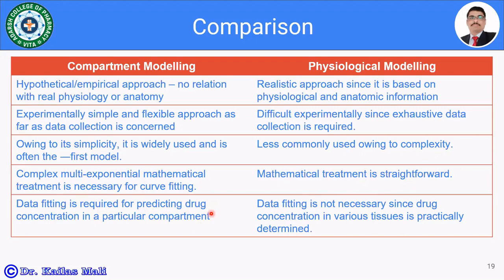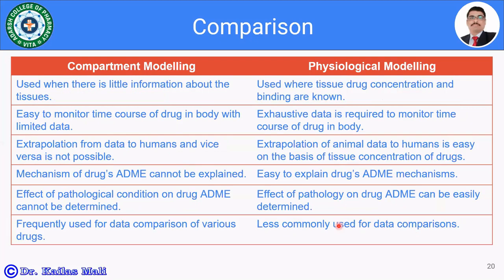In physiological modeling, data fitting is not necessary since drug concentration in various tissues is practically determined by separating the tissues. Compartment modeling is used when there is little information about the tissue. Physiological modeling is used when tissue drug concentration and binding are known.